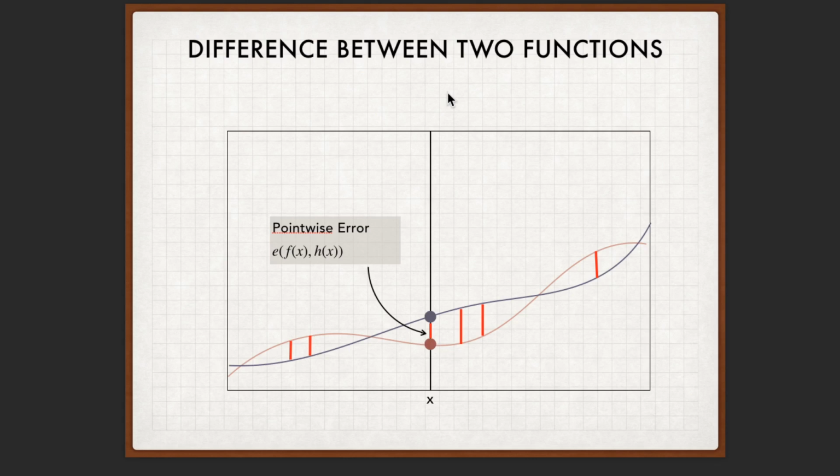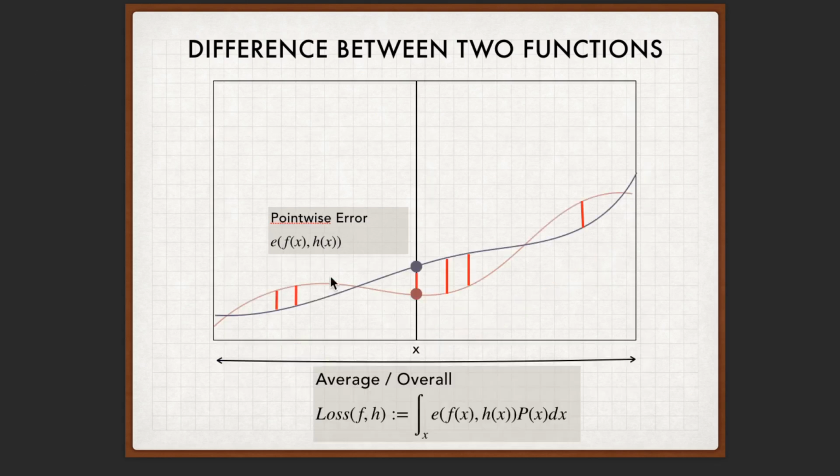But a large, useful family of this definition comes down to the intuitive and natural approach, where we define the difference between the value of the two functions at one point and average over all the possible domain of the function and get the error measure.